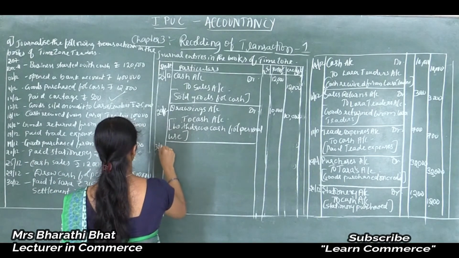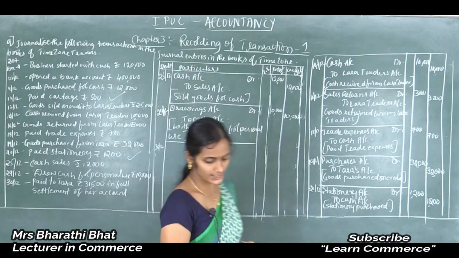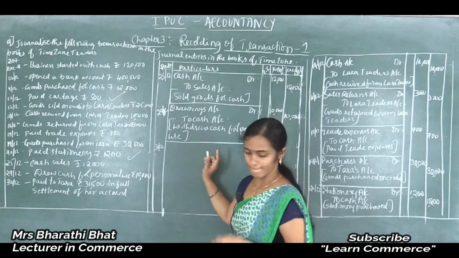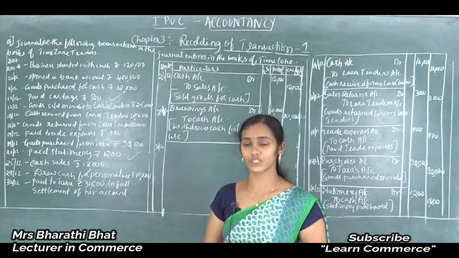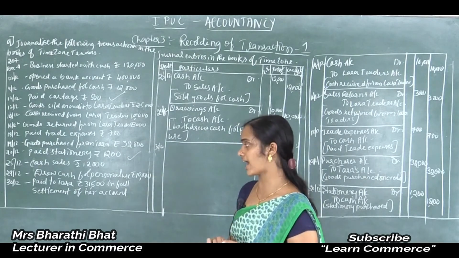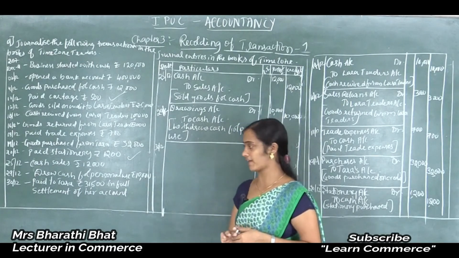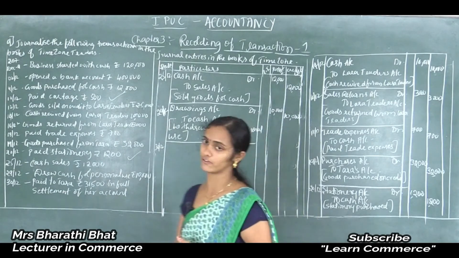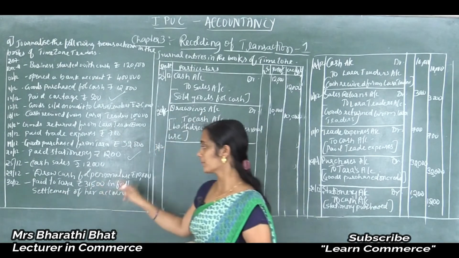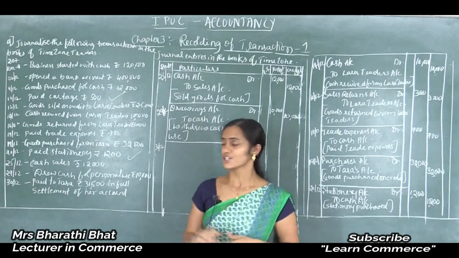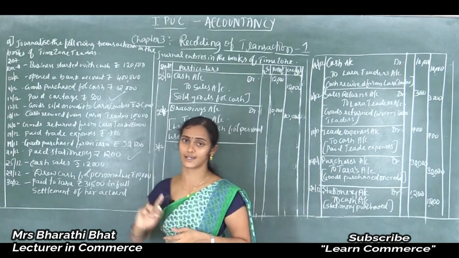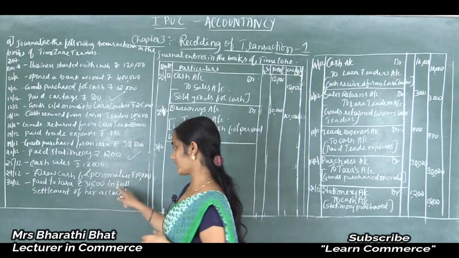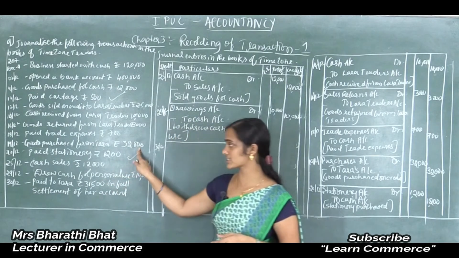30/12. Here, cash paid to Tara rupees 31,500 in full settlement of her account. Cash paid to Tara. So actually we purchased some goods from Tara on credit basis, worth rupees 32,000.